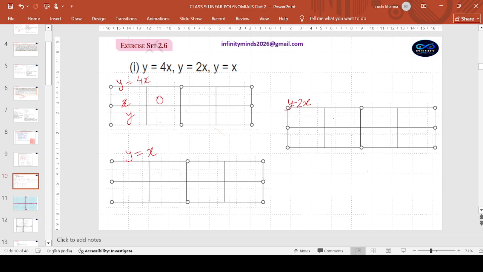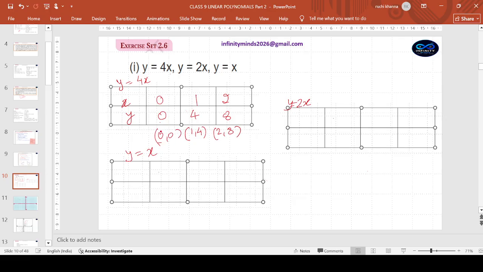If I give x the value 0, 4 times 0 is 0. If x becomes 1, 4 into 1 is 4. If x is 2, 4 into 2 is 8. This (x, y) coordinate is the one I am talking about. When we plot, we will plot (1, 4), (2, 8), and (0, 0).